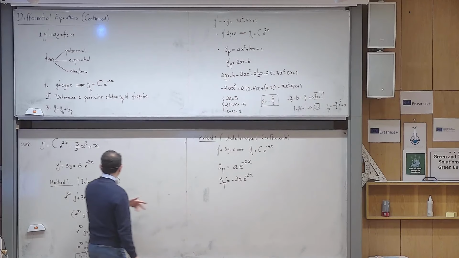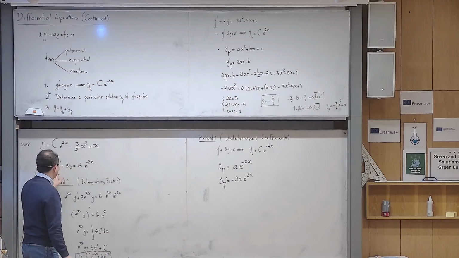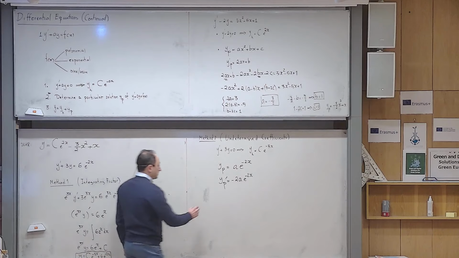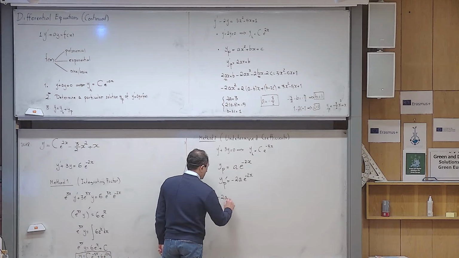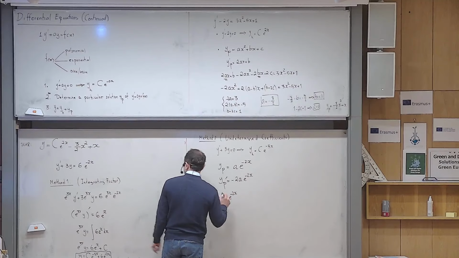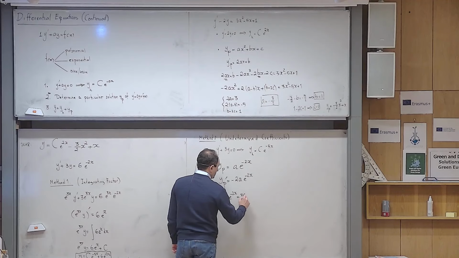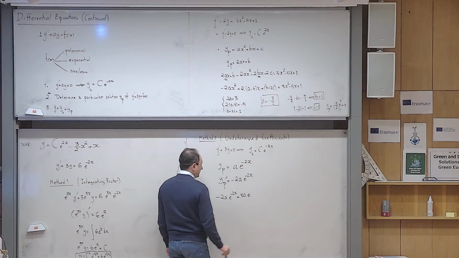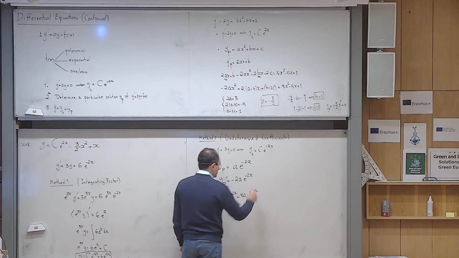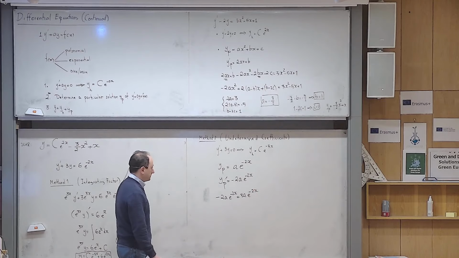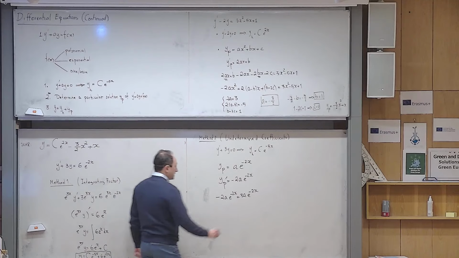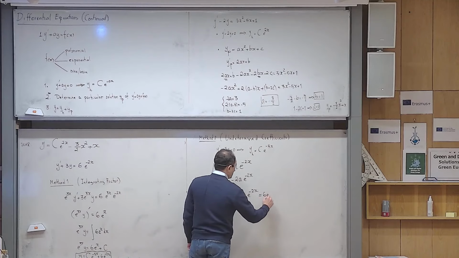By putting these two back into my differential equation, so y prime is this expression that you see, minus 2a e to the power of minus 2x, and then plus 3 times y, this is my y, so I multiply it by 3, e to the power of minus 2x. And the right hand side is 6 e to power minus 2x.